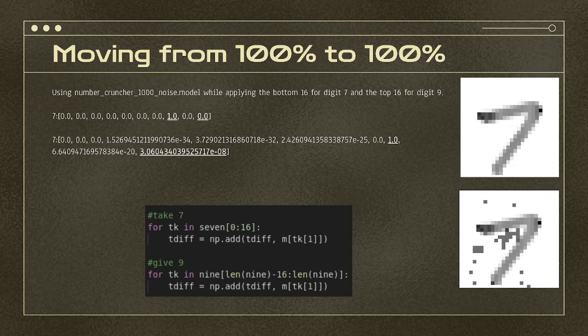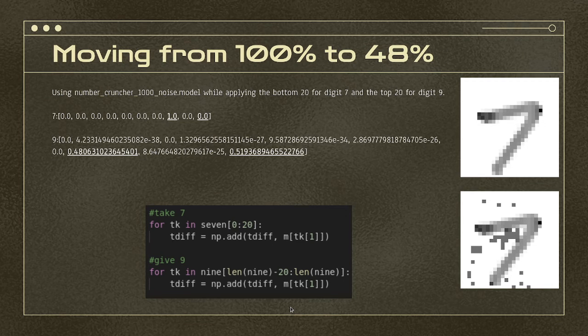As well, if we just increase the amount of things that take away from the sevenness, or increase the number of things that increase the nineness of this thing, we can cause a misclassification.